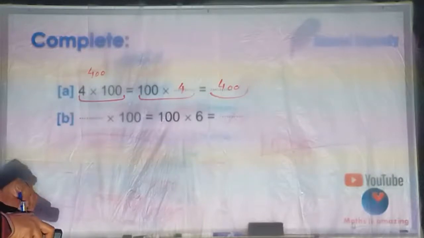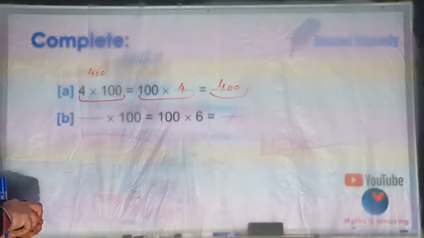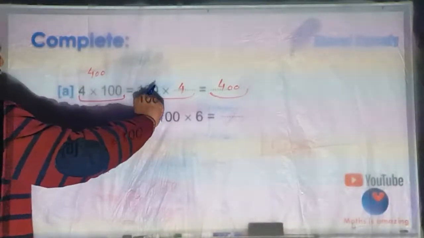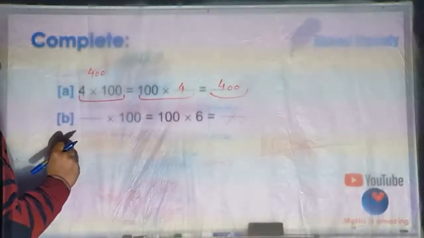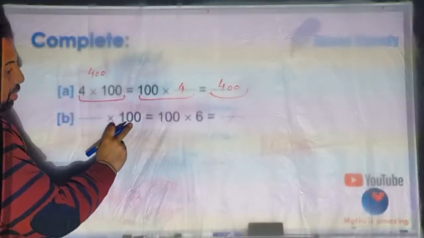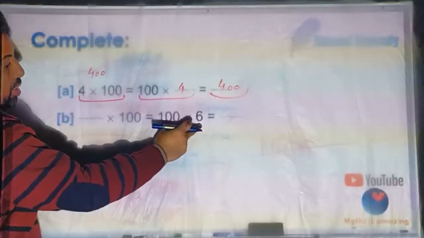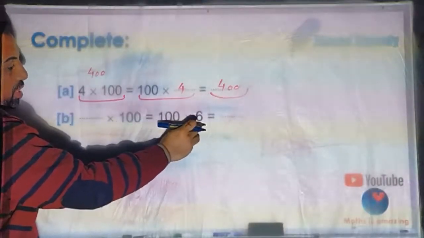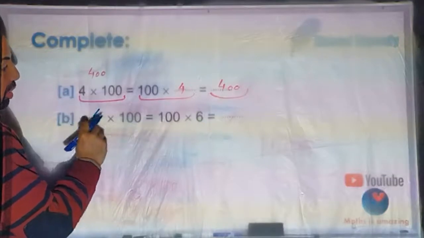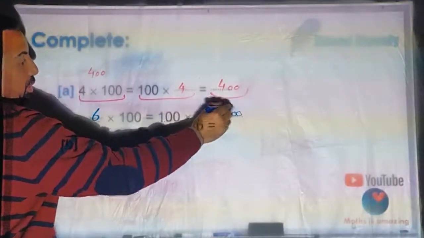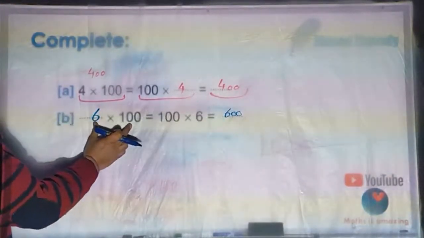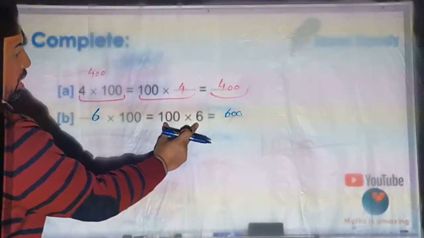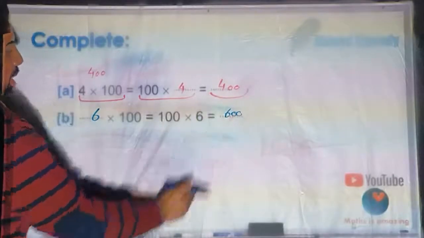And we notice that he exchanged, replaced 4 times 100 here with 100 times 4. It's called commutative. Number times 100 equals 100 times 6. Here he made it commutative, changing the places. 100 times 6 will be 6 times 100. The result will be 600.